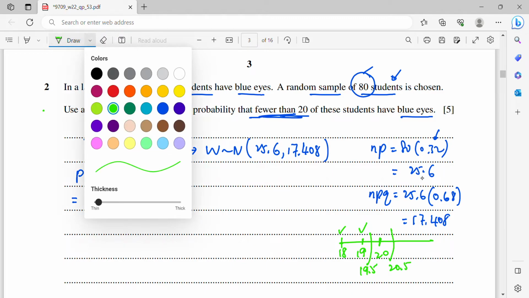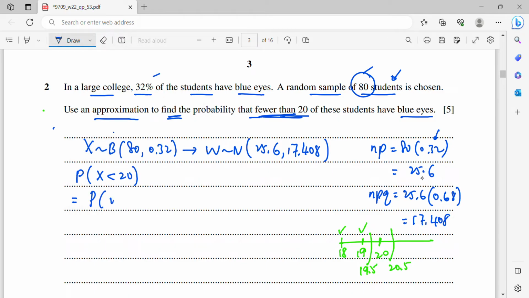So now I will write P(X less than). Alright, you must follow the inequality sign. So obviously, from this number line, we know that we have to accept less than 19.5, to include the ticks. So it is 19.5. And then now we standardize it. When you standardize it, you are actually subtracting 25.6 from 19.5, then dividing by the standard deviation.